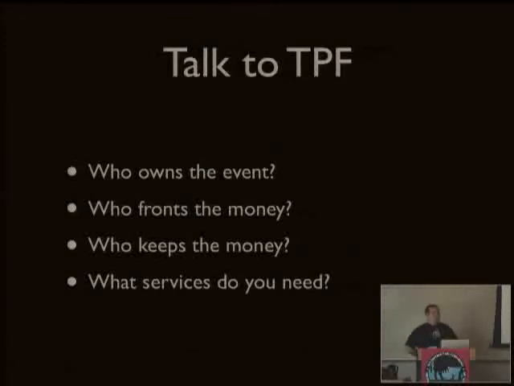Since people are writing out checks to the Perl Foundation, and we're a 501c3, we can't just cut you a check at the end of the event and say, here's your profit. But what we can do is we can keep that money in an escrow for you, and you can apply it towards running your event the following year. Or if you want to say, we want to take our money and donate it to this grant or this other event, or whatever, we can work with you and do that. That's fine.